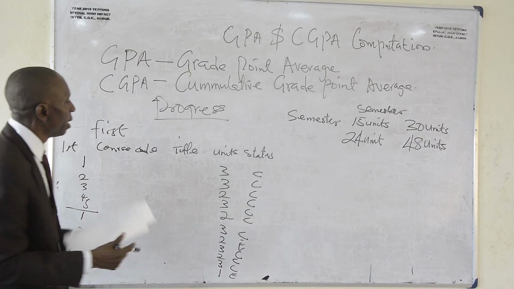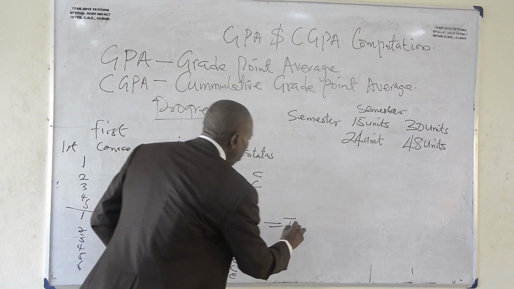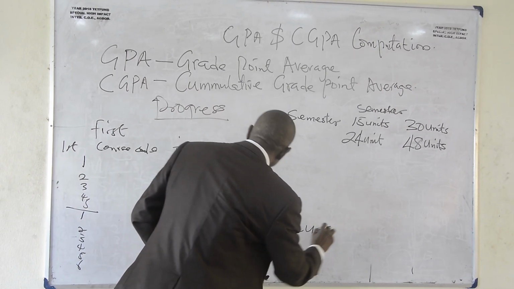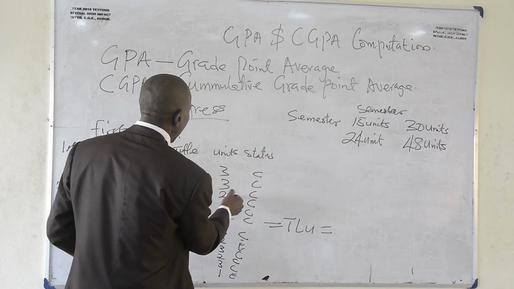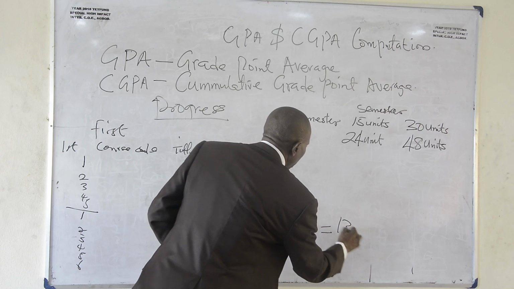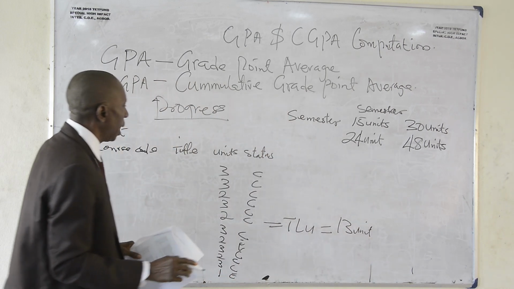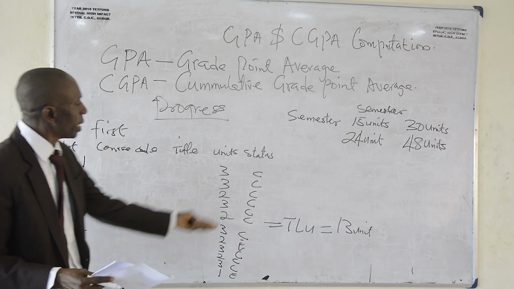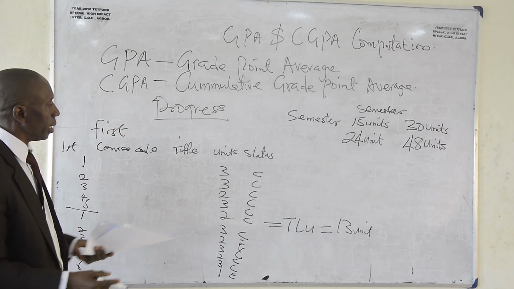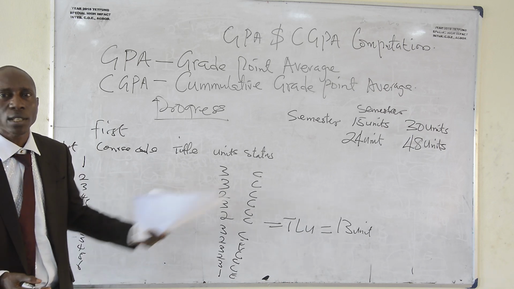First semester, here we have a total units of 13 units. In this case, it is less than the required number of units.